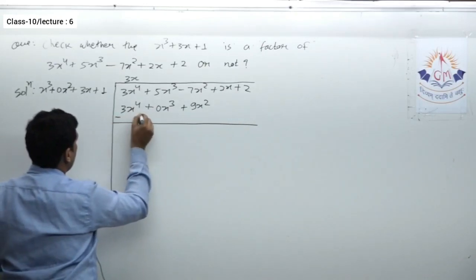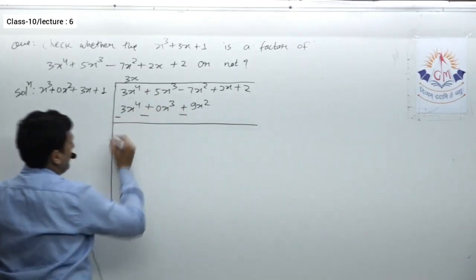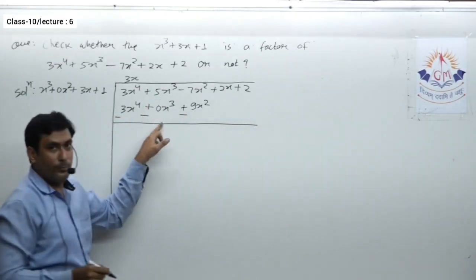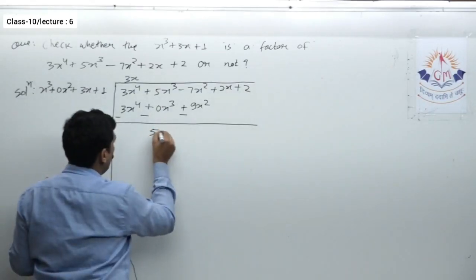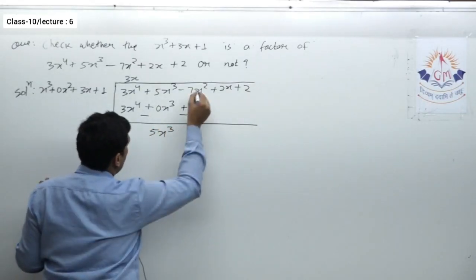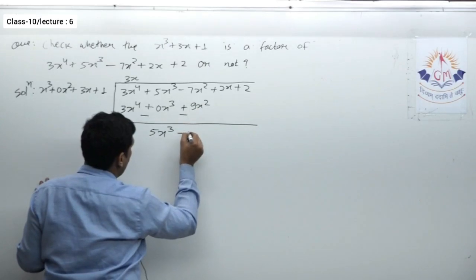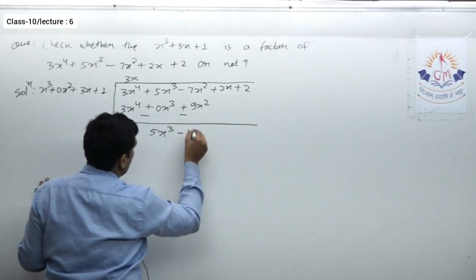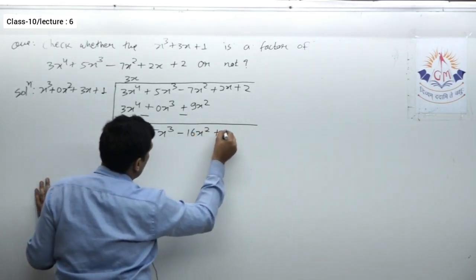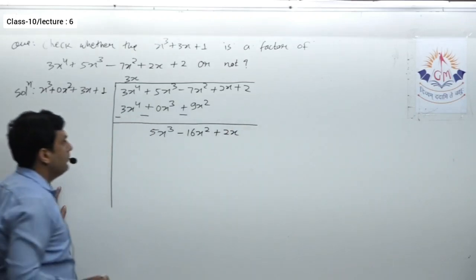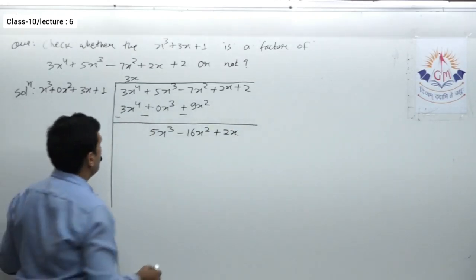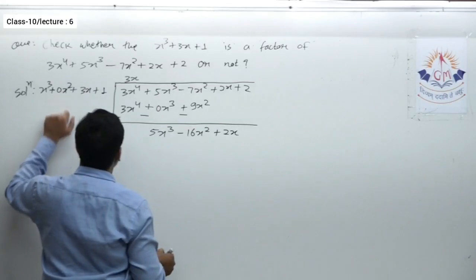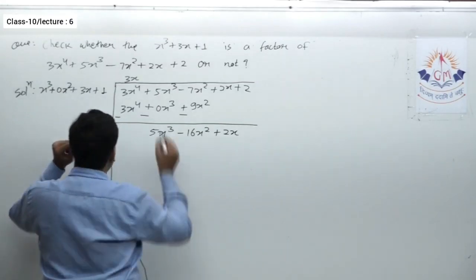Now we'll subtract in this way. This will cancel out. Here 5x cube minus 0x cube, so it will remain only 5x cube, minus 7 minus 9, that is minus 16x square plus 2x. Now next it should be plus 5.